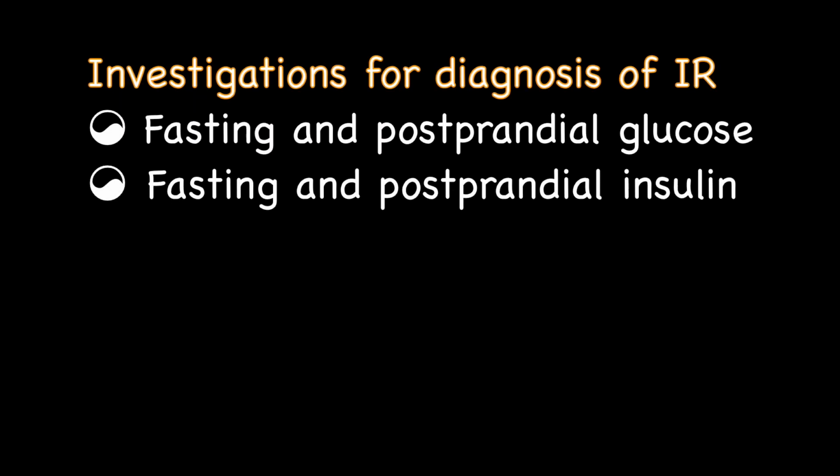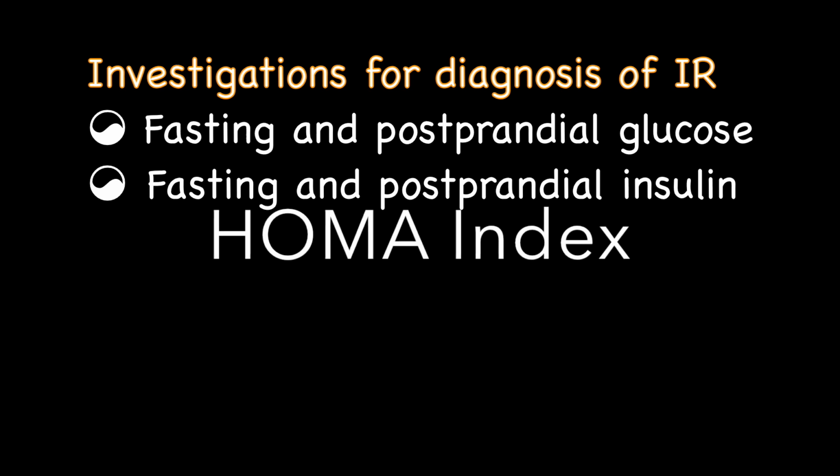Investigations for diagnosis of insulin resistance are important because both obese and non-obese women with PCOS exhibit insulin resistance. For diagnosing insulin resistance, fasting and postprandial glucose and fasting and postprandial insulin levels are measured, and then HOMA index is calculated.